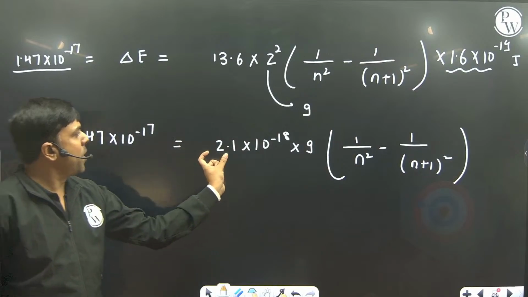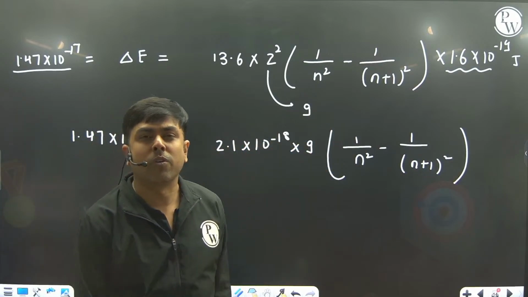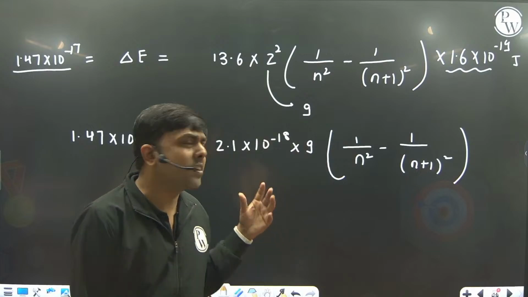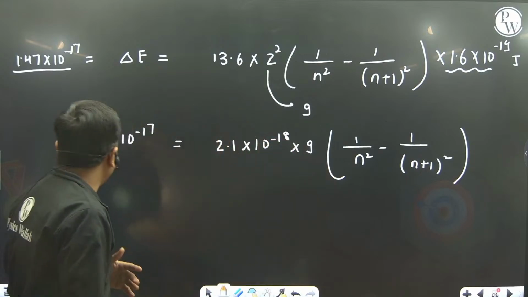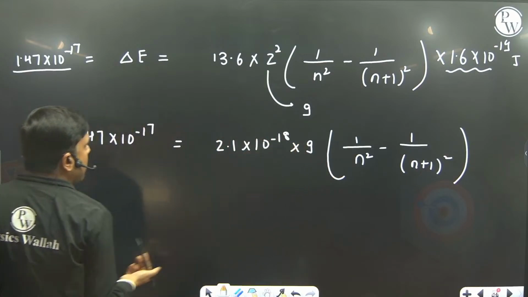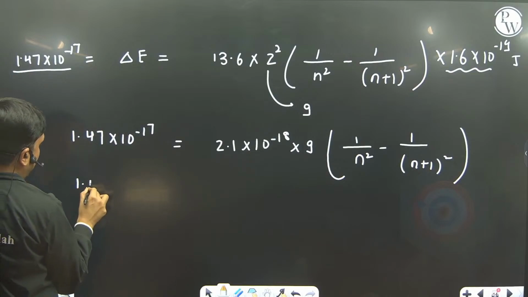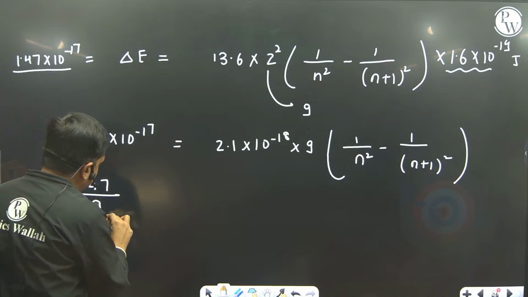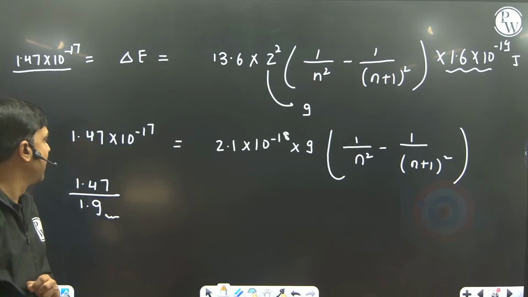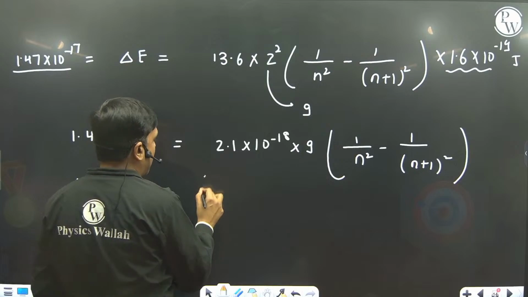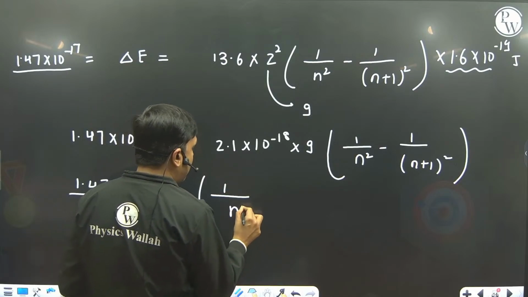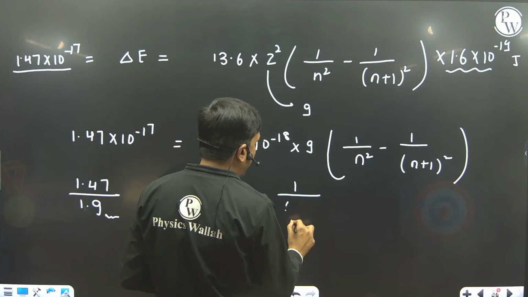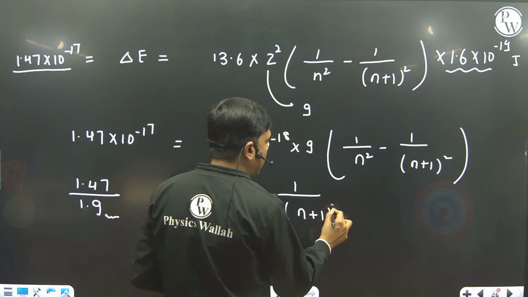And this 2.1 into 9 will go somewhere around 18.9, so 1.9 I can take, and then it will be in terms of 10 raised to the power minus 17, so it is 1.47 upon 1.9. That equals 1 upon n square minus 1 upon n plus 1 whole square.